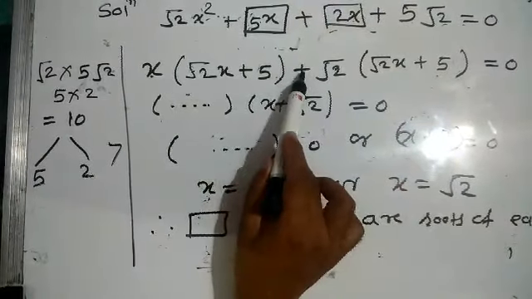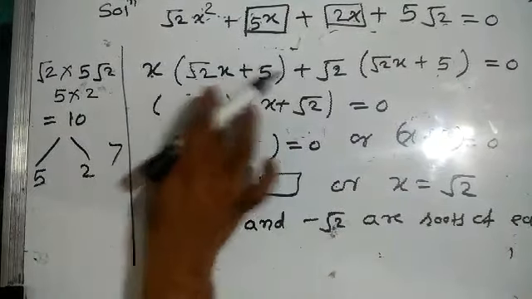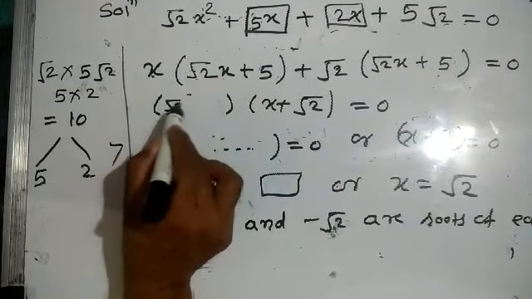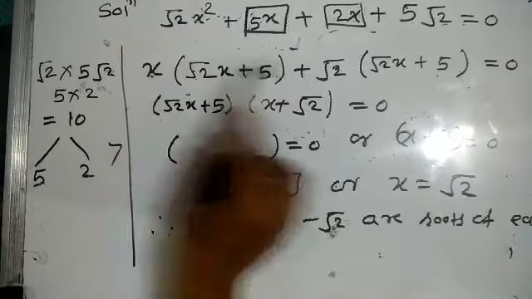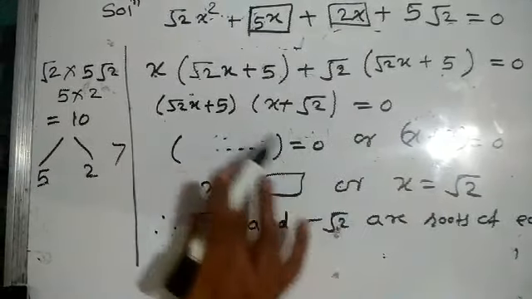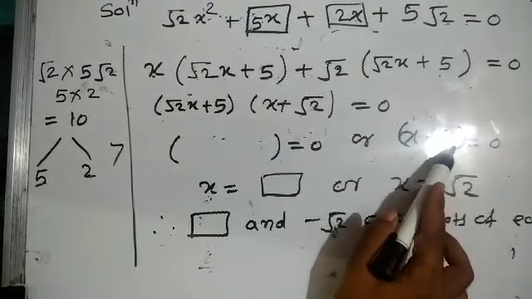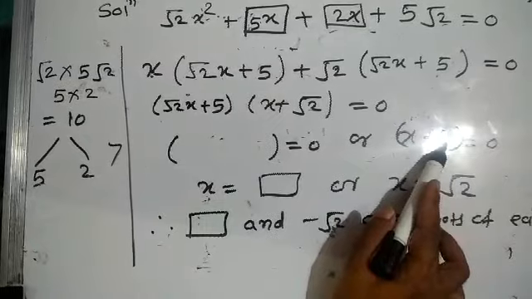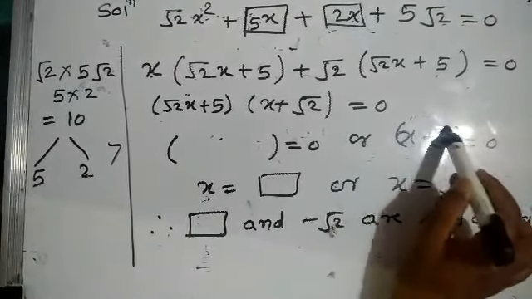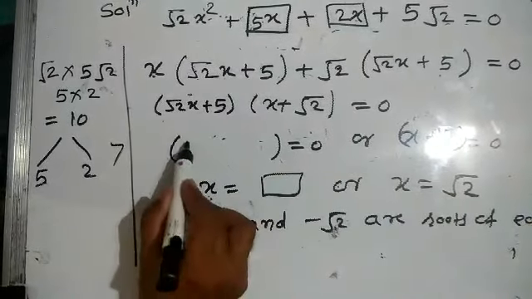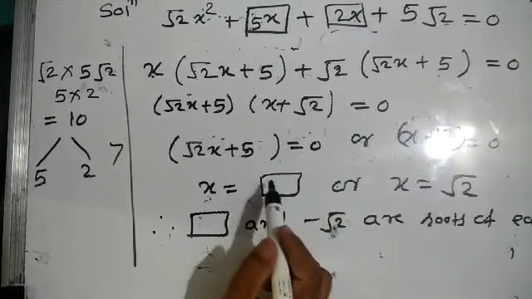Then here plus sign is there, root 2 x plus 5 in one bracket, and in another bracket the remaining element x plus root 2 is equal to 0. Then we can write here x plus root 2 is equal to 0. And here we can write root 2 x plus 5 is equal to 0.